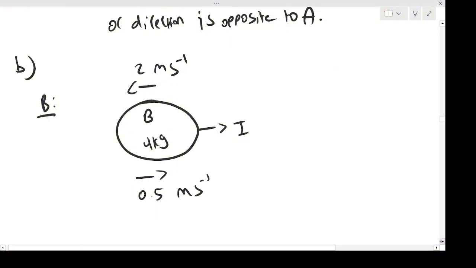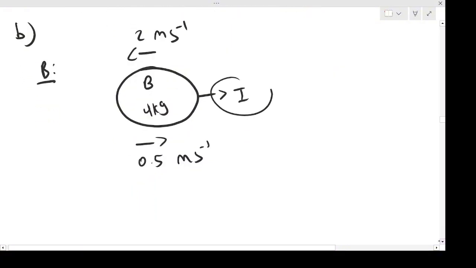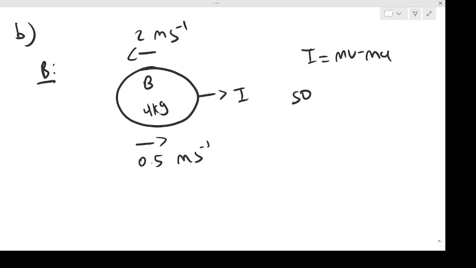If I want to work out the impulse, I can use the formula. Impulse is change in momentum, so I is mv take away mu. That's the formula I want to be using. In this case, directions matter, but the impulse is going forwards in the positive direction.